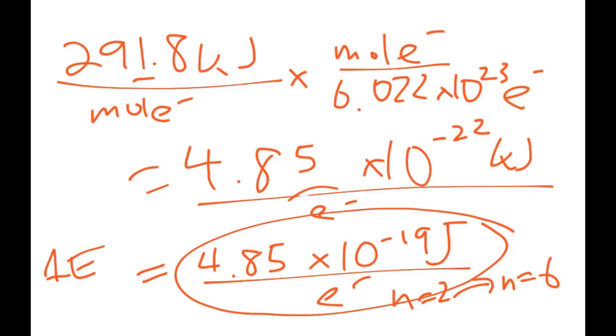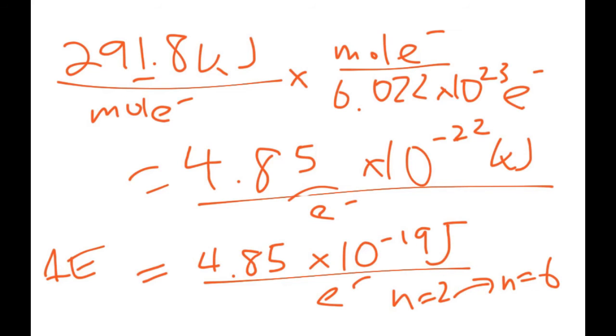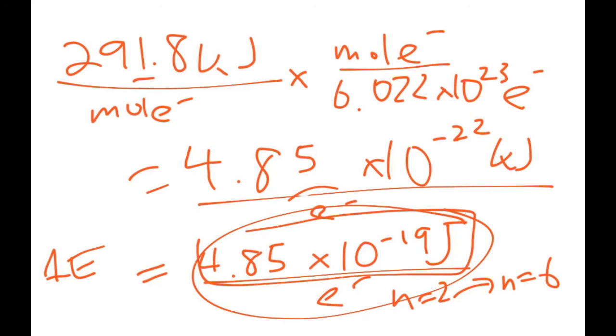So let's find the wavelength for this photon with this energy, because 1 photon will excite 1 electron, and this electron needs this much energy from the photon. So we have to find a photon that has this energy. So on the next page, I'll do that.